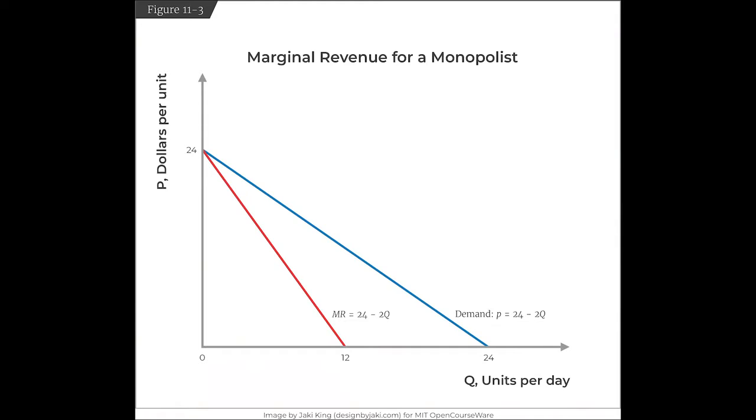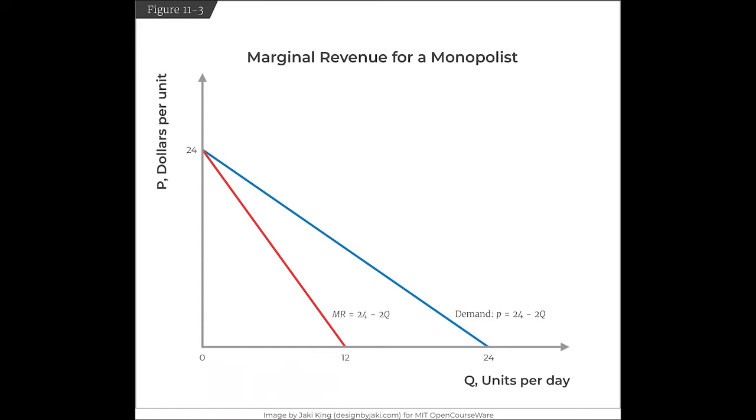Okay? Now, in fact, this nice relationship will not always hold. This sort of picture of a marginal revenue curve being the demand curve shifted in will not always hold. It only holds for certain functional forms. Mostly we'll use functional forms where it holds. The main lesson is the marginal revenue curve has to be at or below the demand curve.